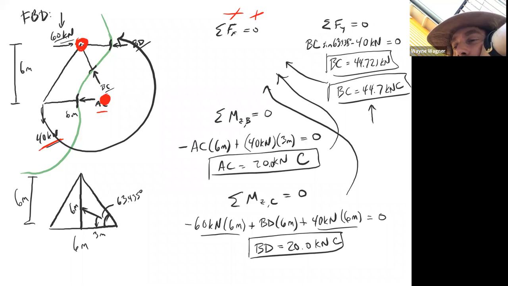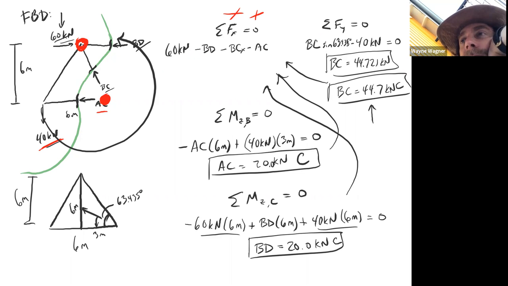So we've got 60 kilonewtons to the right minus BD minus BCX minus AC equals 0. So 60 kilonewtons minus BD, minus 20 kilonewtons.